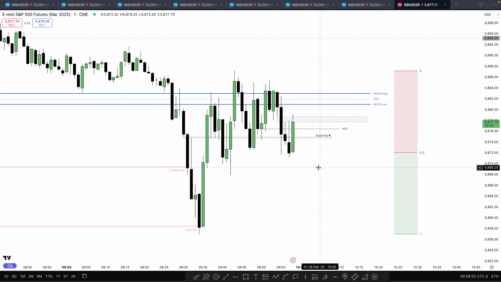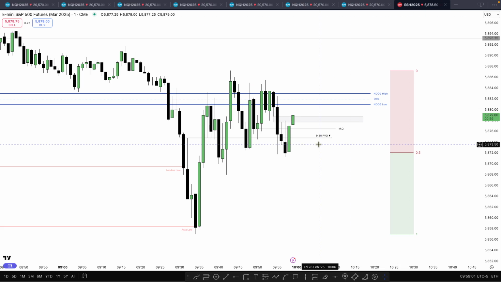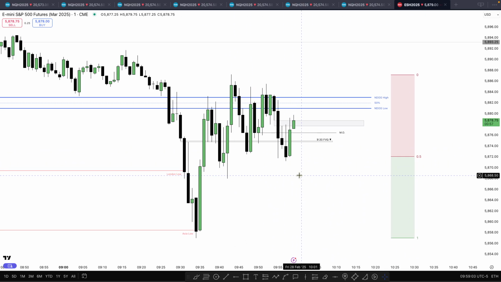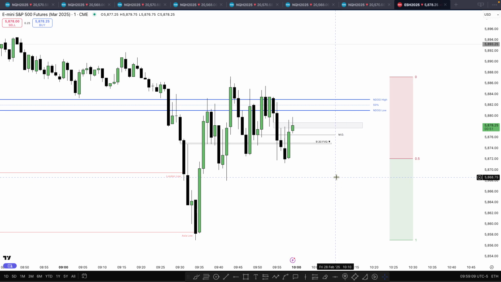ES here. Trying to get above this. See how it used it to go lower. That would be a high probability bullish inversion. And we'll see, it's 9:59 in about 45 seconds.